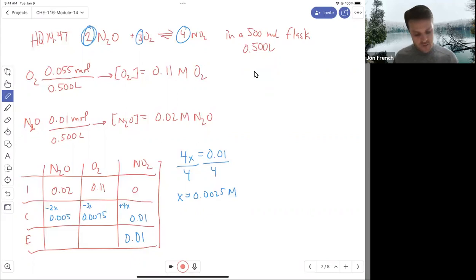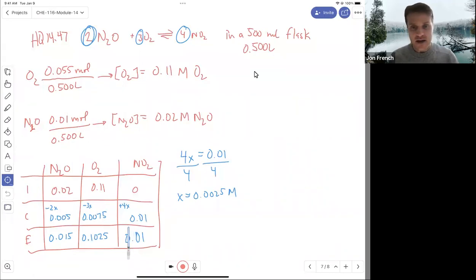All right, I'm going to get 0.015 there, and then 0.11 minus 0.0075. And I get 0.1025 there.